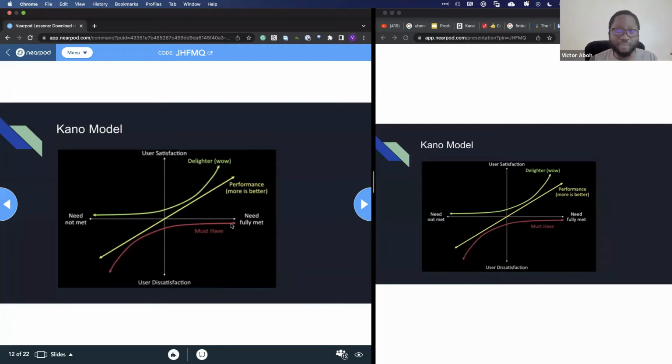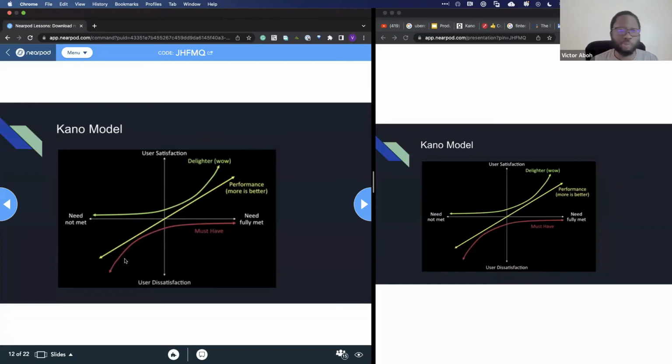So if we came up with a laptop and the keyboards are not functional, or it doesn't have any ports, stuff like that, then we are missing something that our customers currently expect as a must-have, right? And so we see that having it here is just meeting the need. It doesn't quite give us user satisfaction, but when we don't have it, we lose user satisfaction, right?